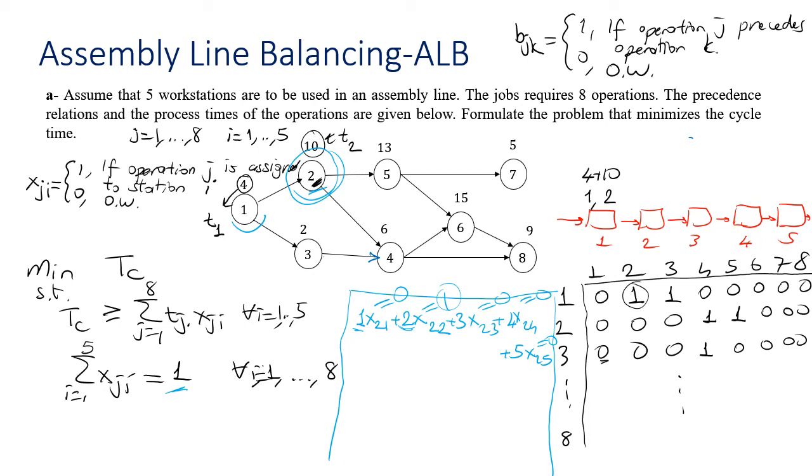If I do this summation, what happens? If x22 is equal to 1, then the value is 2. And what is 2? It is the station number that task 2 is assigned to.